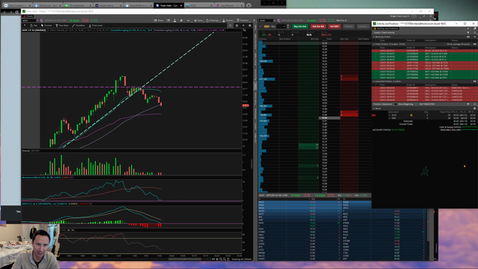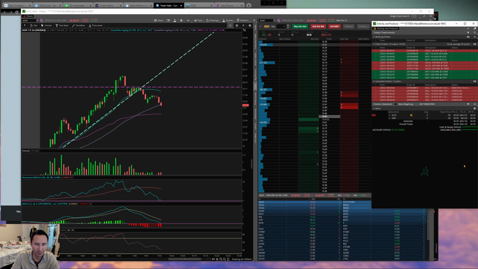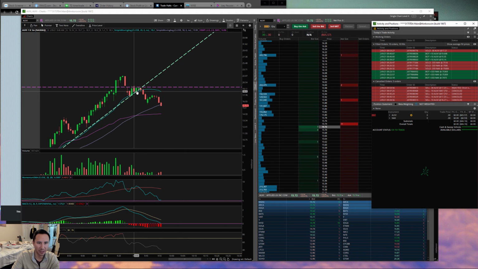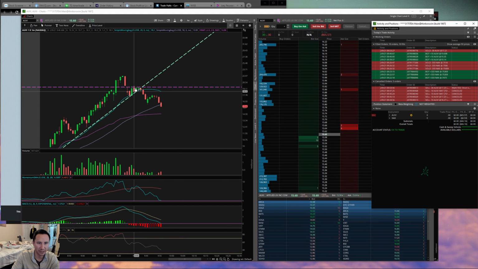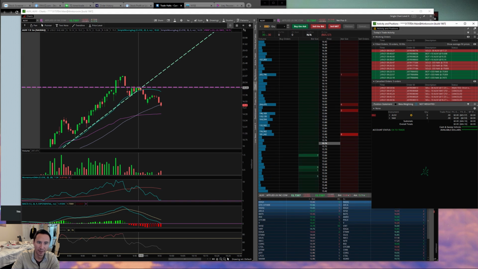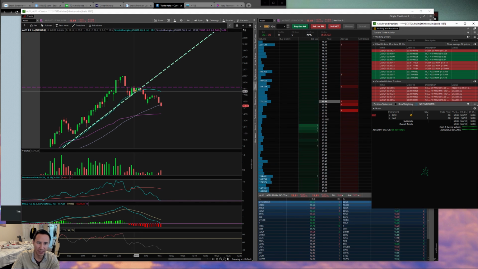But I tried that again here, except that I got halted, and it took a series of 3 candles, because I got in on this candle, but I made a mistake and got in on the top of this candle versus waiting to get in on the bottom of this candle, which is what I should have done. But as soon as I got in here, it just trickled down, and then it halted here.